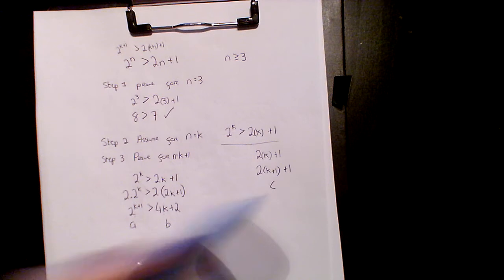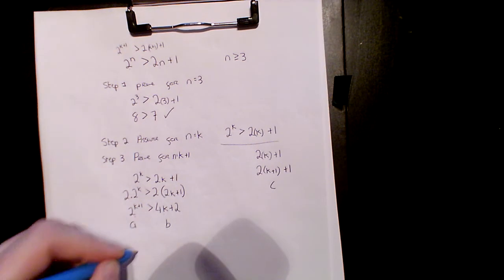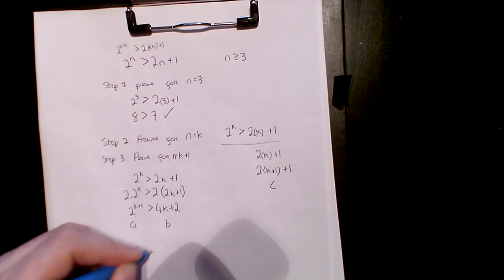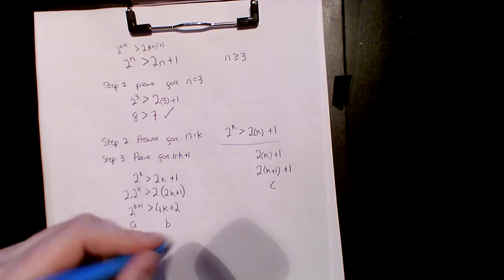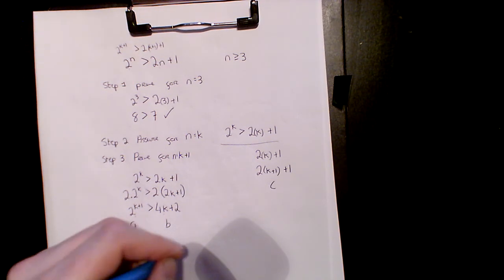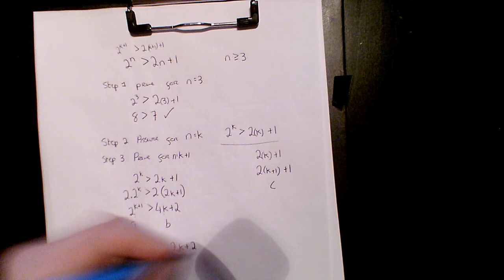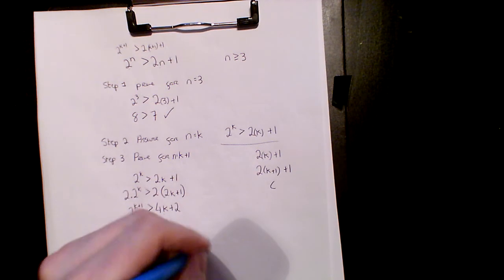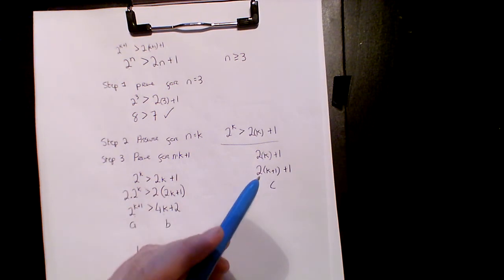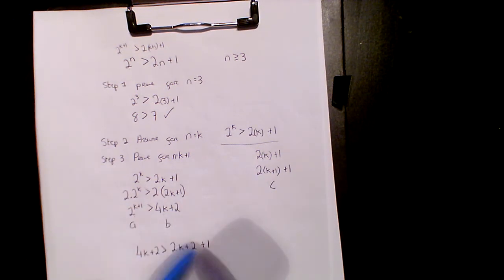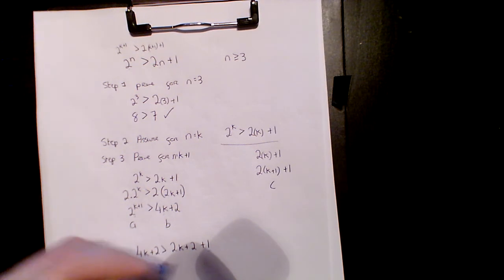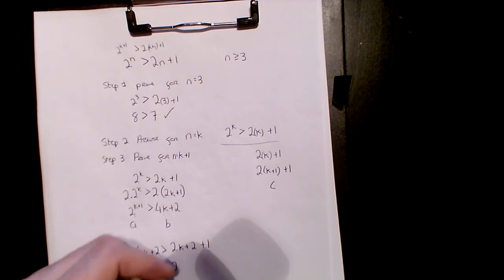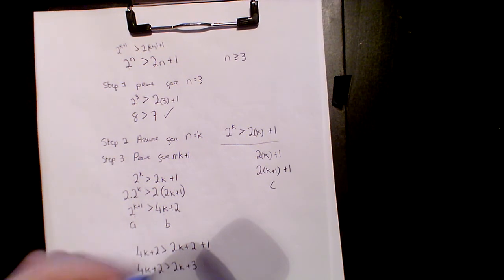If I can prove that B is greater than C, then by default A is also greater than C. So 4k plus 2 is greater than 2k plus 2 plus 1. I'm going to multiply that out, 2 multiplied by k, 2 multiplied by 1, and then another 1. 4k plus 2 is greater than 2k plus 3.